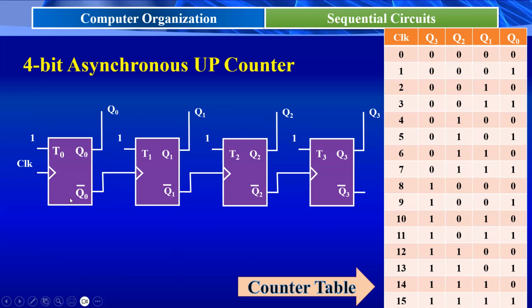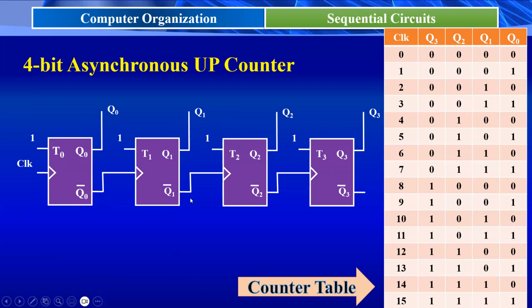If I apply the fourth clock pulse, the output of this flip-flop toggles because it is driven by this clock pulse. The previous value of Q0 is 1, so it toggles and its value becomes 0. Then automatically the Q0 bar value is 1, and it drives this second flip-flop. Again, the T input is 1, so the output toggles. The previous Q1 value is 1, so it becomes 0.